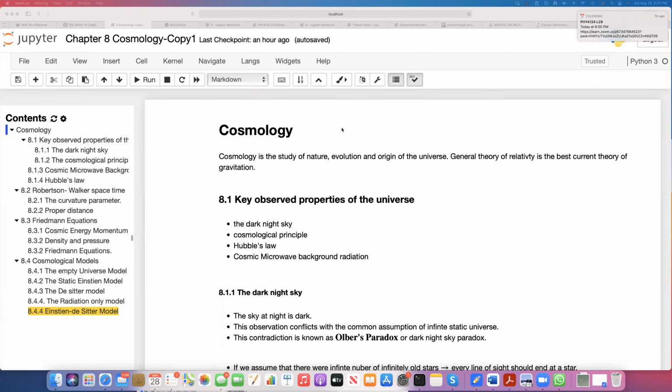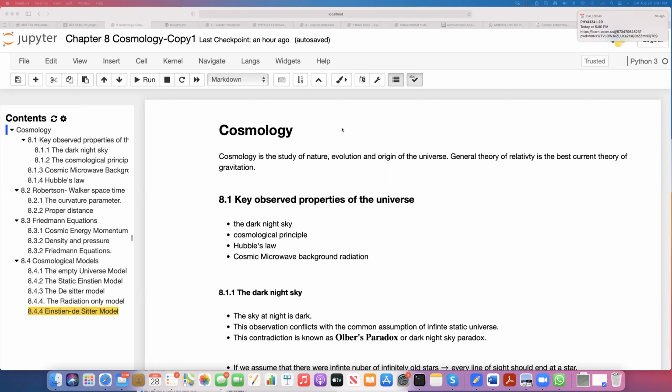And under that, we talked about Olbers' paradox under dark night sky, and then discussed the cosmological principle, which is very important for the mathematical formulation that we have been discussing up to now. And then Hubble's law, which basically explains the expansion of the universe.